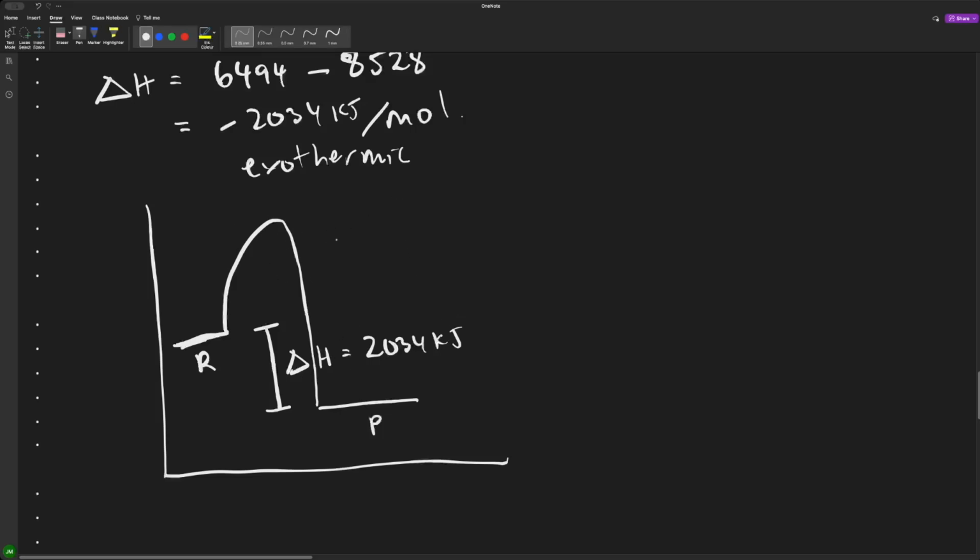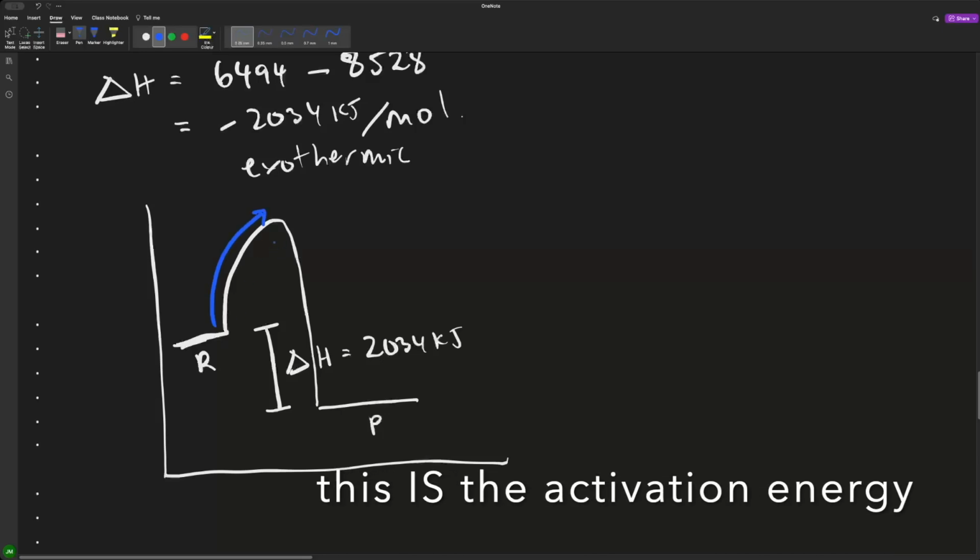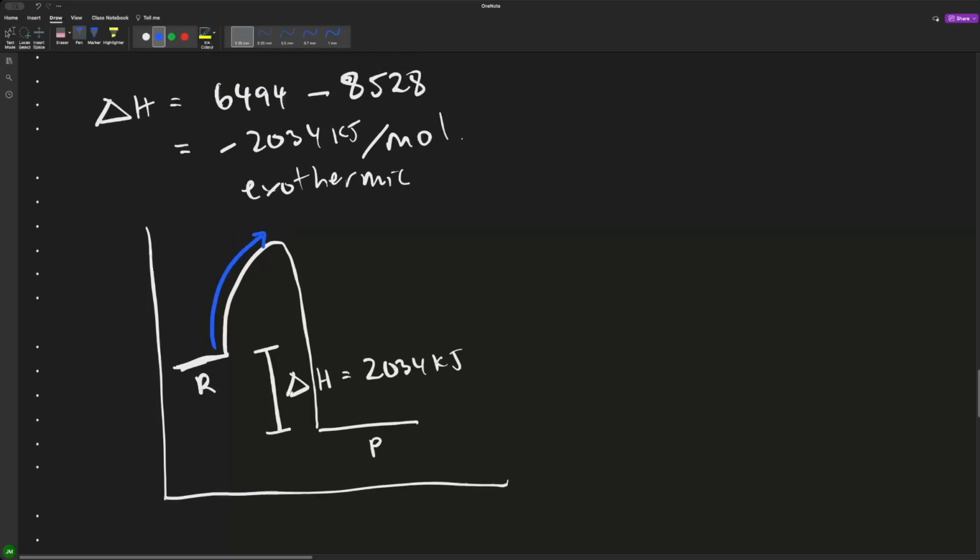Now, the difference between the energy of the reactants and the peak of the graph, well, this is energy coming into the system, right? This is the energy required to break the bonds. And the energy required to break the bonds is, we calculated, 6,494 kilojoules. All right. And now the energy that is released, from there all the way down to there, is 8,528 kilojoules.